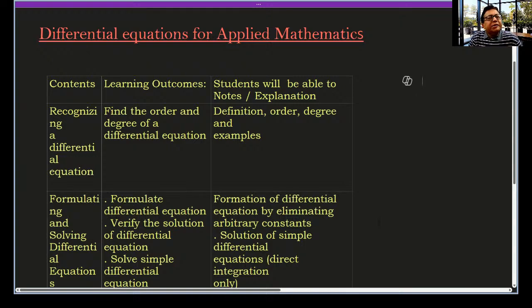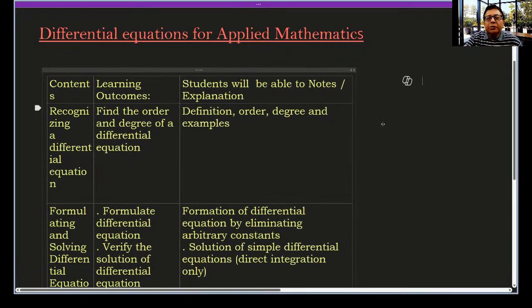This session I will be discussing differential equations: what you need to study before your board examinations. Even those who are preparing for school examinations, they don't know. I'm not talking about everyone.